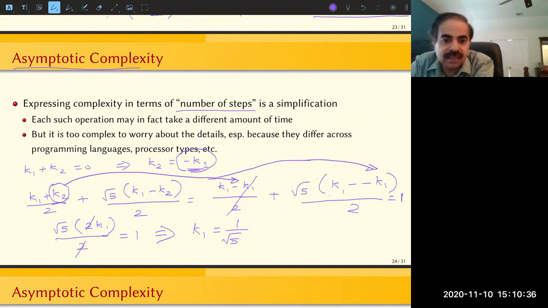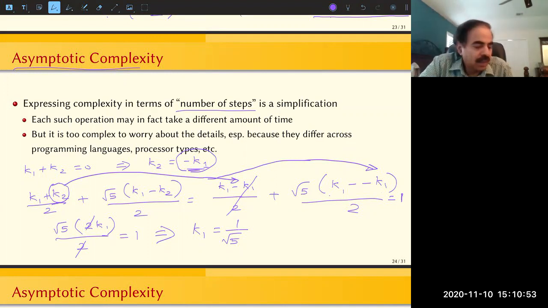The fact is that these differences are going to be different depending on the machine on which you're running these programs, right? So if you're running it on your phone, maybe it takes a certain amount of time. When you run it on your PC, then maybe it takes a somewhat different amount of time.